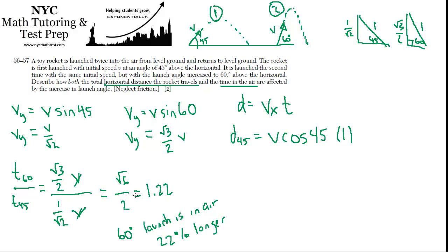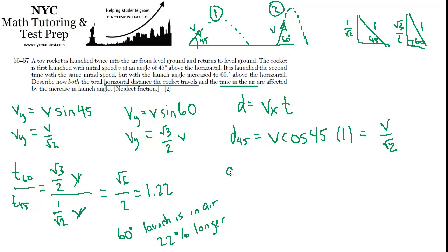And then the other one we'll assume it's 1.22. So we don't know the actual explicit times in the air, but we know them relative to one another. So this will give us initial velocity times cos 45, which is 1 over root 2, so this will give us V over root 2.